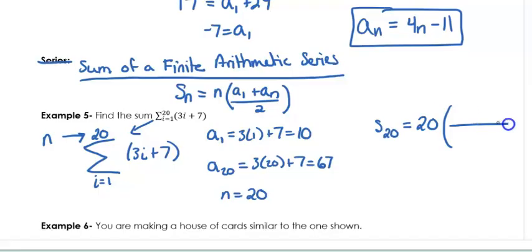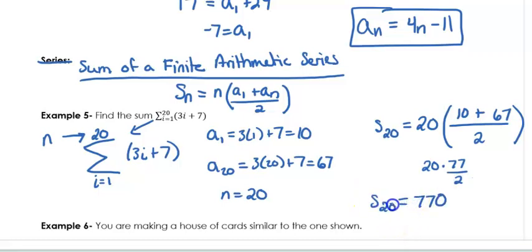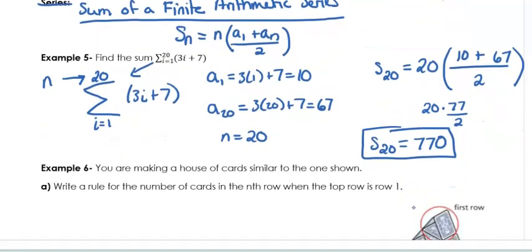And then in the parentheses, A1 is 10, plus AN, this means the 20th term, the last term in my sequence. The 20th term was 67, divided by 2. So I'm going to have 20 times 77 divided by 2, which equals 770. So what that means is if you found the first 20 terms in this arithmetic sequence and added them all up, it would be a total of 770.